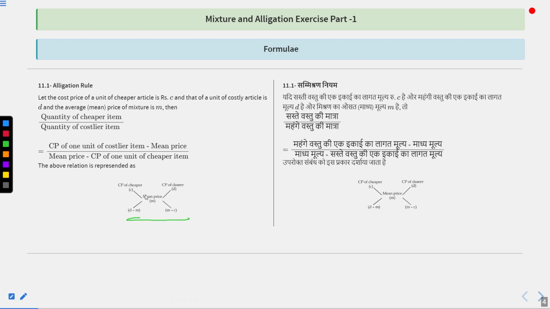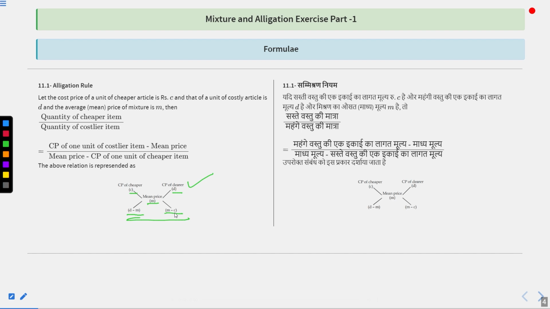CP of the cheaper is C and CP of the dearer, or we can say costlier, is D. The mean price, meaning the average, is represented by M. So when we write it, we write dearer minus mean, so D minus M, and mean minus cheaper, because the average will be less than dearer and more than cheaper.